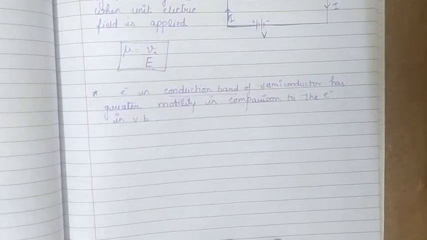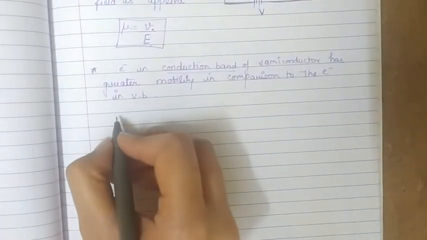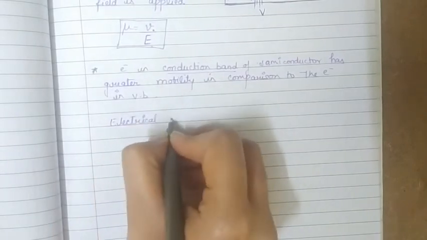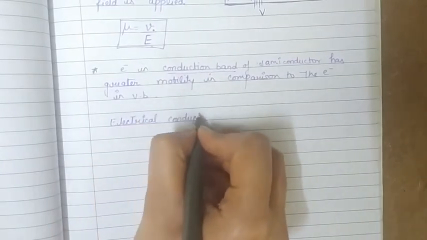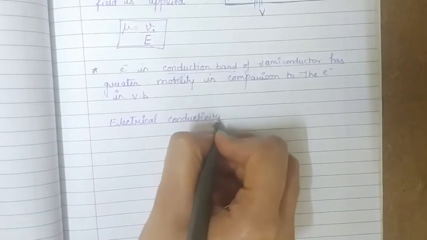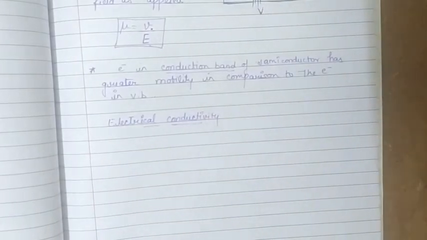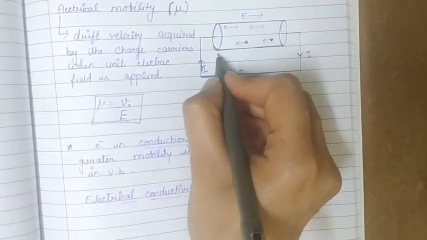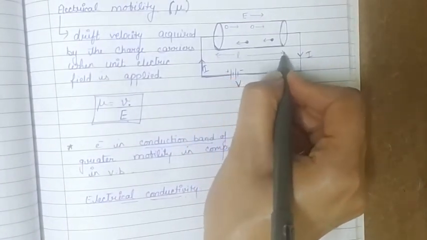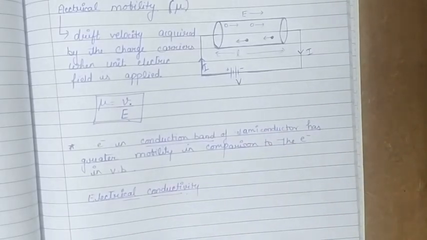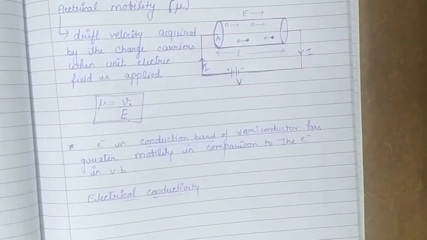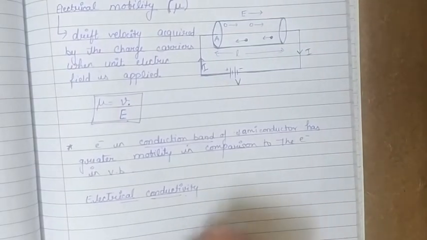Now let's move to the second topic, that is the electrical conductivity of a semiconductor. So if we have a semiconducting rod material or a block of length L and area of cross section of it is capital A and it has free electron density Ne and hole density Nh.